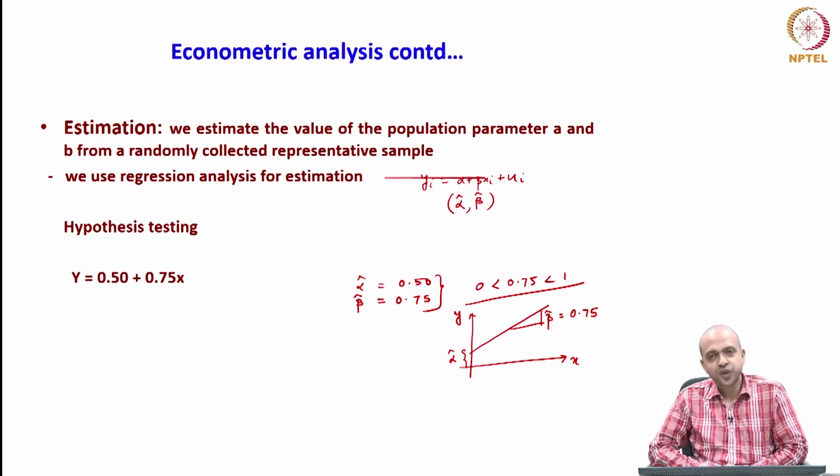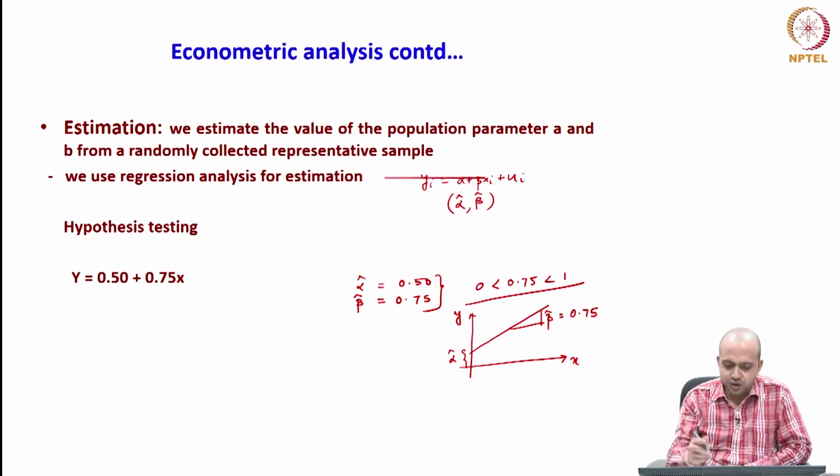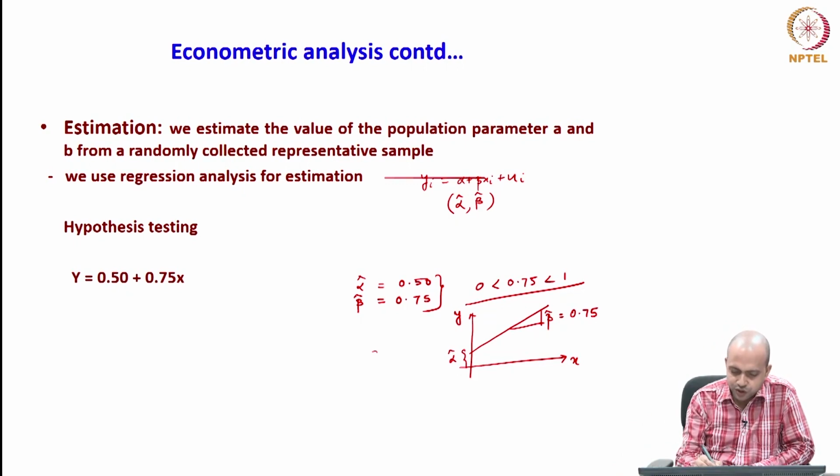Why is this so? Because here you have drawn only one sample from your population, and in that sample your beta hat value is 0.75. Now, it may so happen that if you draw another sample of 200 individuals from the same population, let us say this is your population, you can draw any number of samples of 200 individuals.